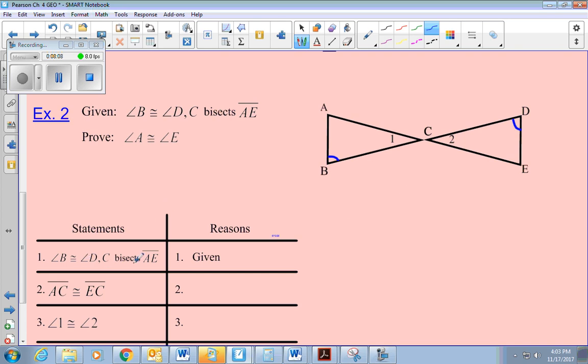And we're also given that C bisects AE. So if C bisects AE, then the definition of a segment bisector means that it creates two congruent segments. So if C is right in the middle, it's going to make AC congruent to EC, and that is called the definition of a segment bisector.